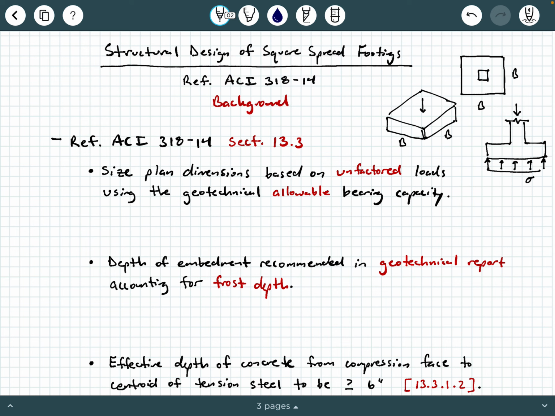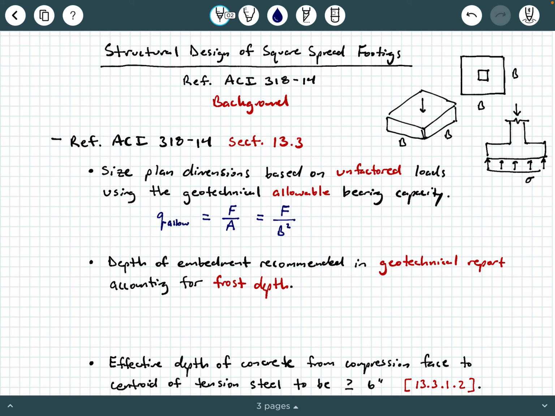So if I were to make some little notes here, I would say that the geotechnical allowable capacity, Q allow, should be equal to the unfactored column force divided by the base area. Now that unfactored column force is just adding up, for example, your dead load and your live load, no LRFD load factors. And that area is going to be B squared. And so you can set all this equal.